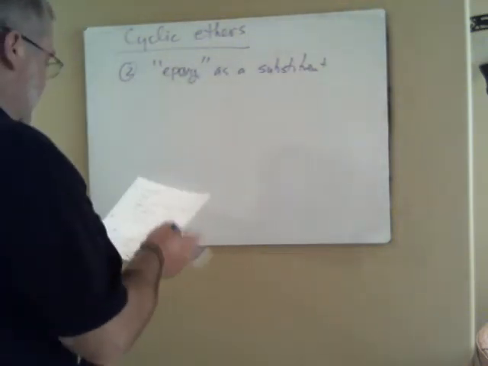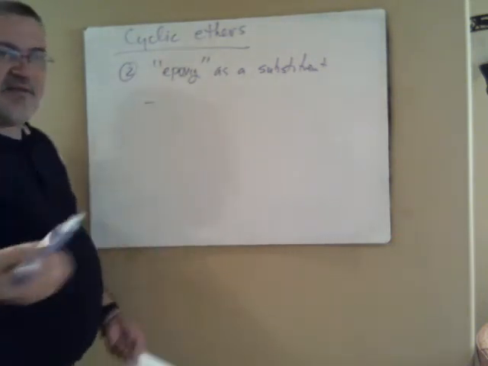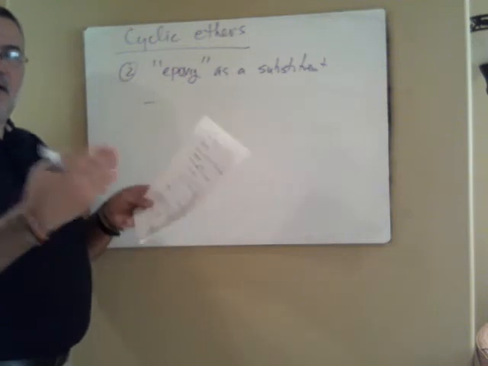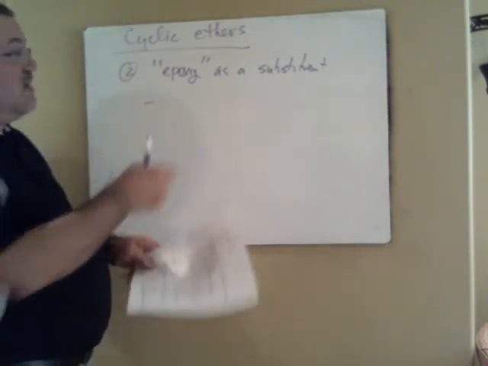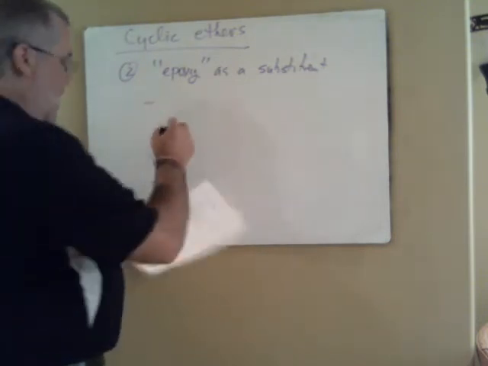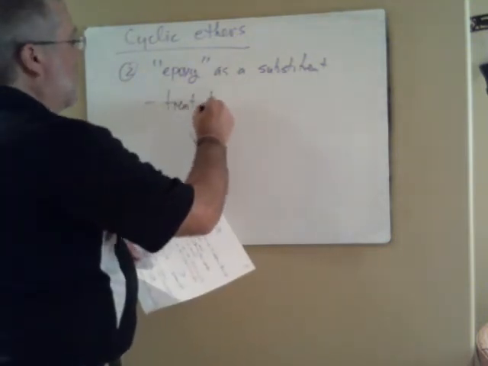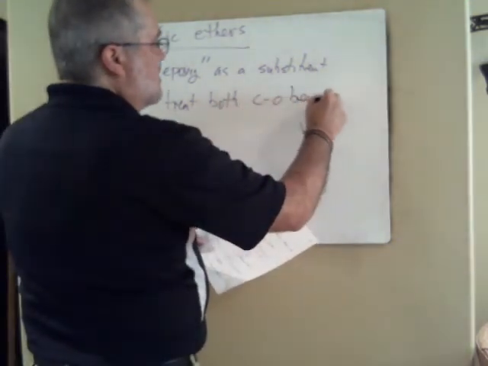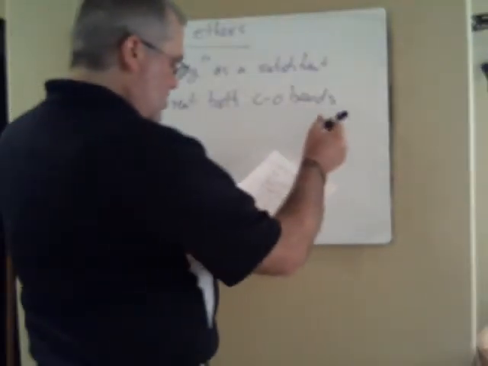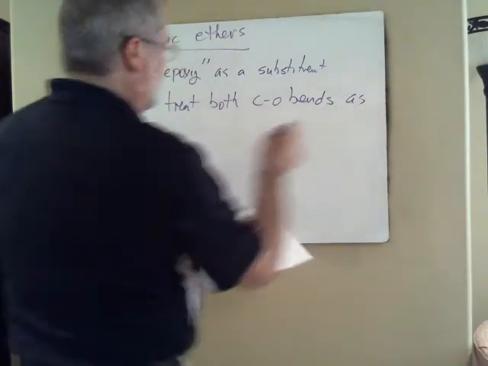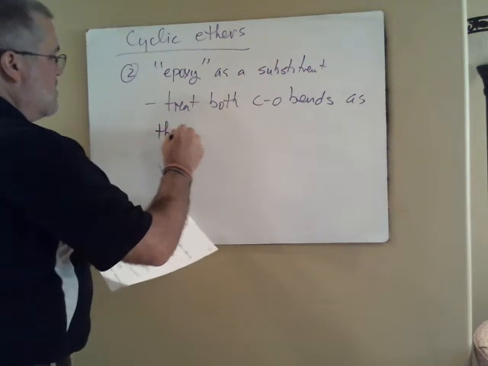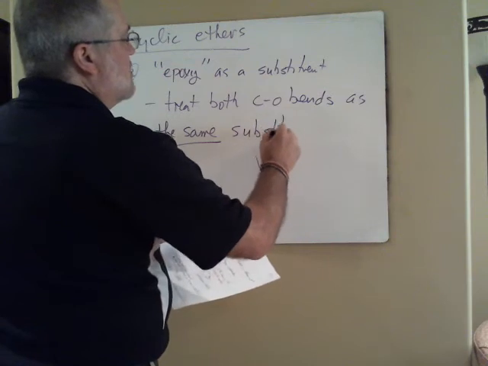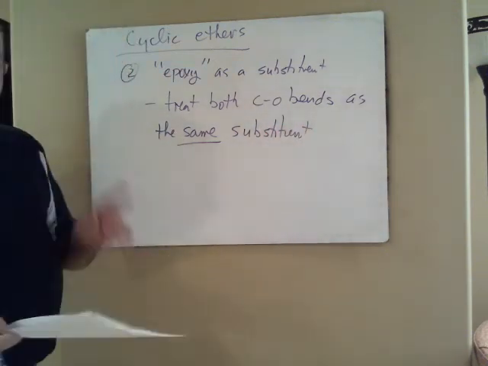Okay, but what makes it different is there are actually two bonds that come from your parent chain that define this structural unit. And so you have to treat both of the C to O bonds that are attached to the molecule as the same substituent. Okay? Treat them as the same substituent.